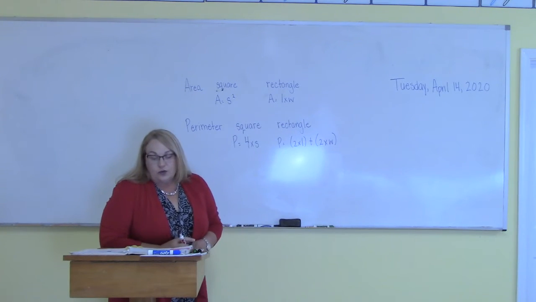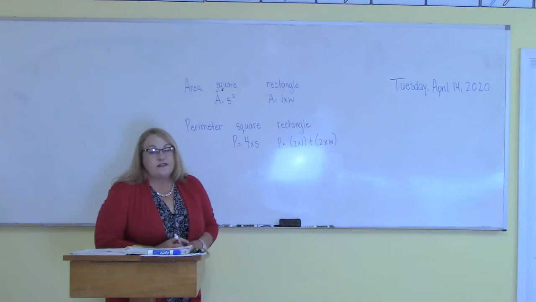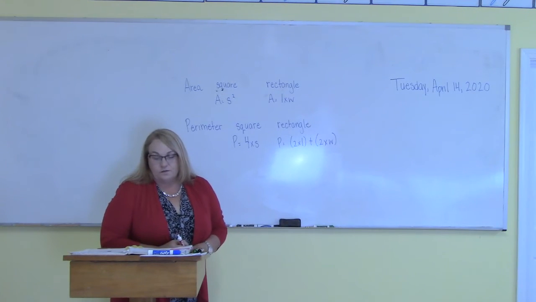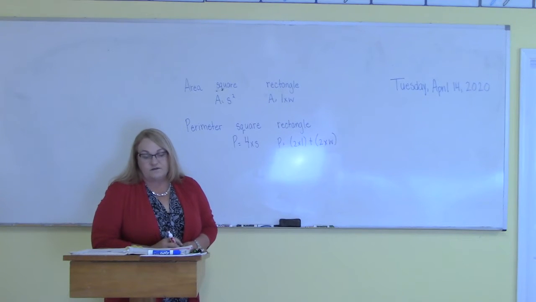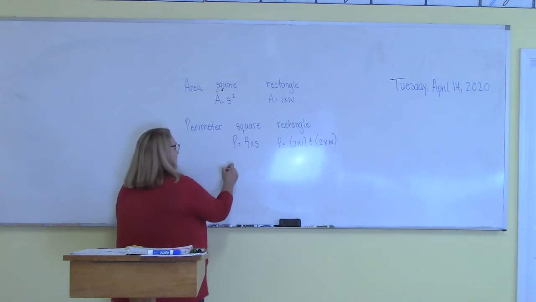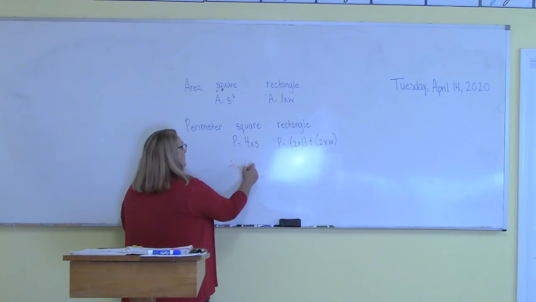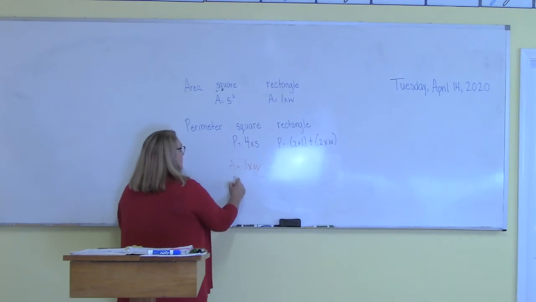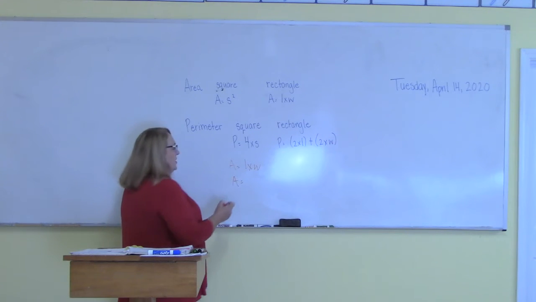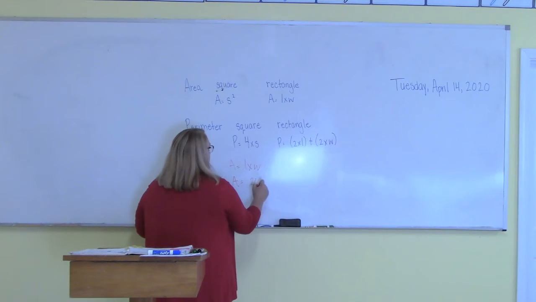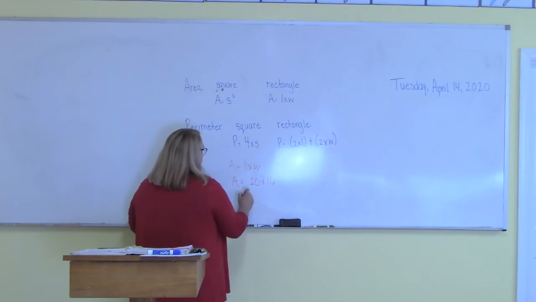Let's look at 2A. You're going to find the area of a rectangle. 16 feet times 20 feet. Well, your formula is A equals length times the width. So A equals 16 times 20, or 20 times 16.